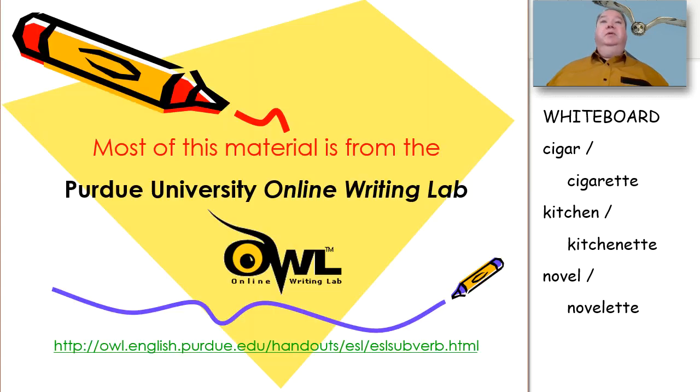Okay, so I should let you know that most of the material that I'm using today is from the Purdue University Online Writing Lab. The Online Writing Lab is called the OWL. You will see a lot of universities in the US have something similar to this.